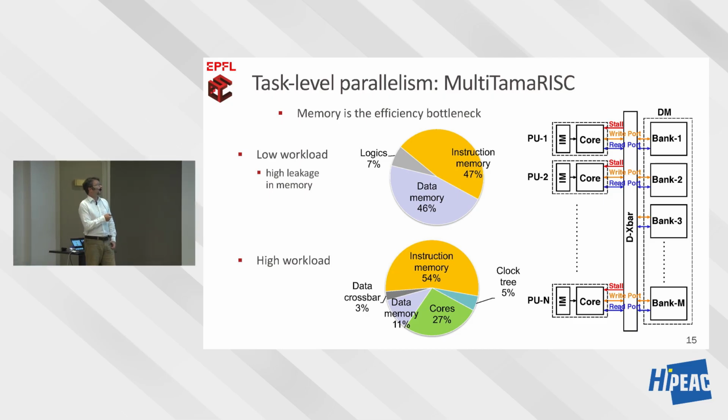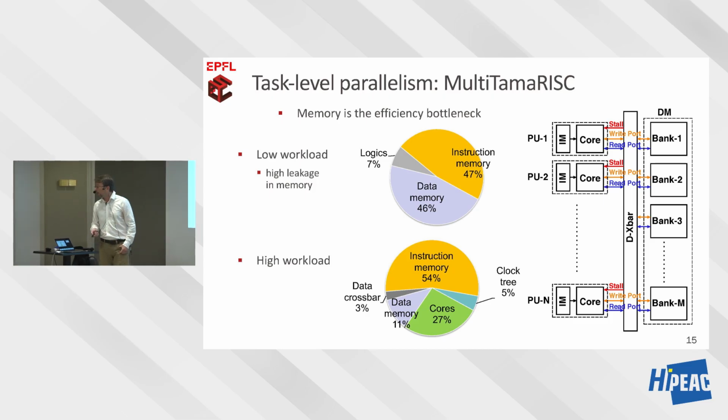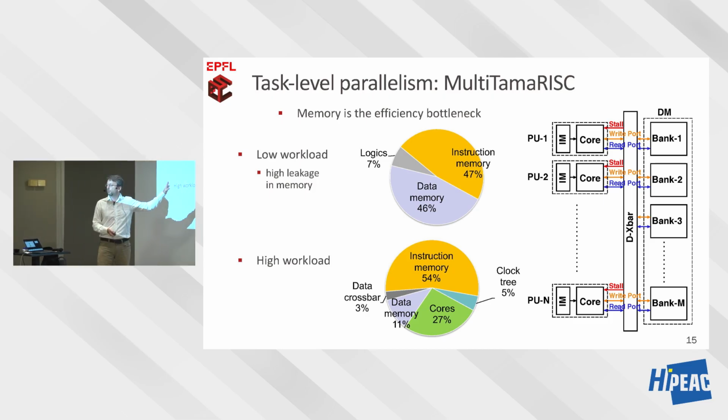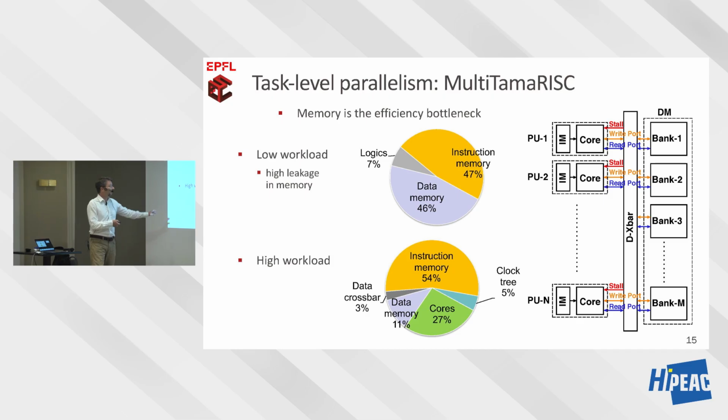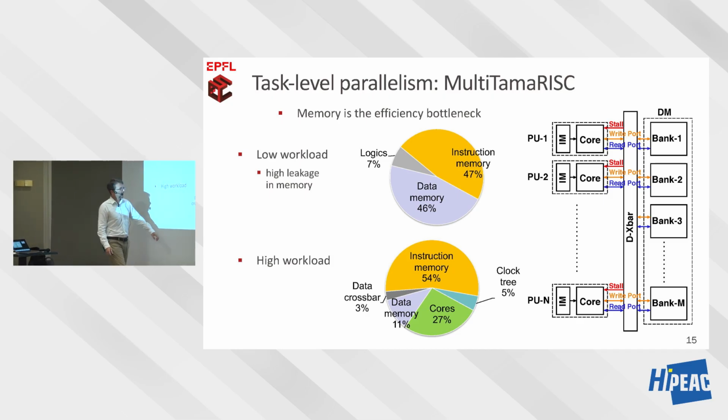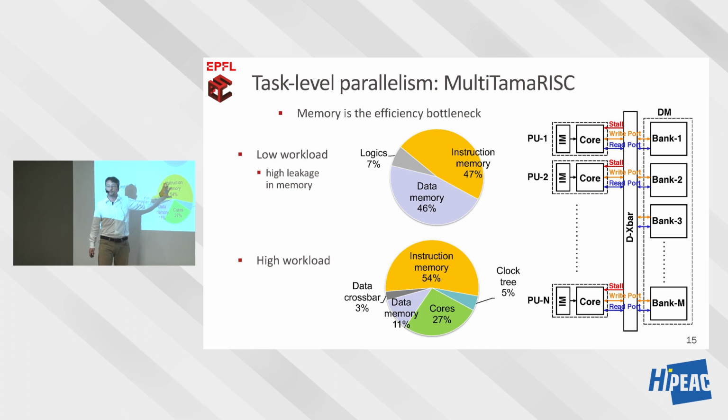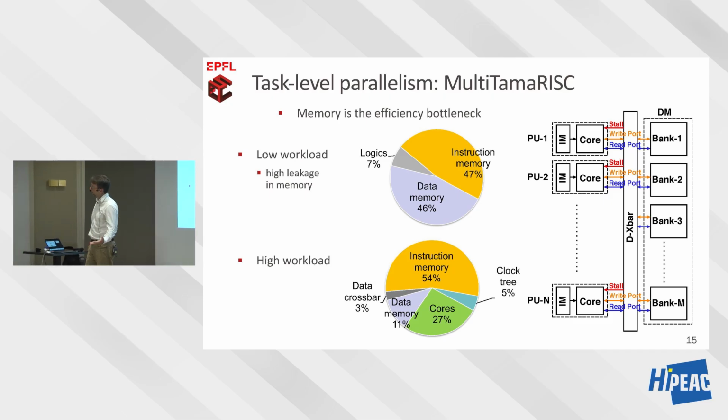For low workload, having leakage-dominated execution means that since the memory dominates the area of the chip, it is also the part which leaks the most, while if you have a higher workload, still fetching instructions for all these private memories consumes a lot of energy, even compared to our processing cores.